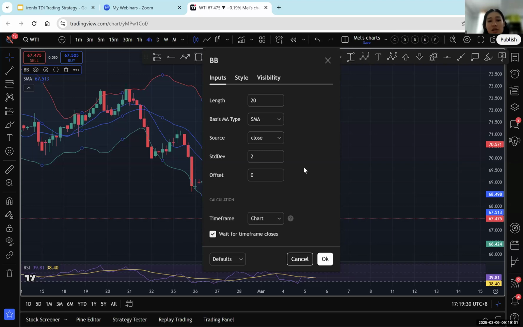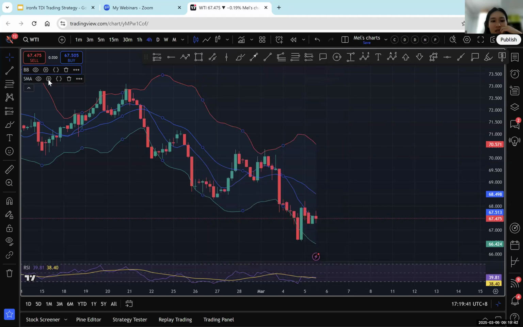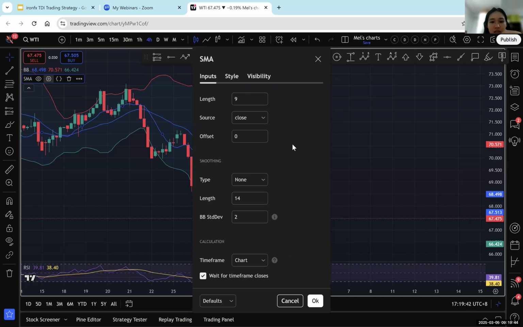Longer term, you can consider 50, which would be more useful for looking at major trend shifts. Now let's look at SMA. These are the default settings, 9 or 10 period. Here is 14, but you can look at a 21 period SMA as well.